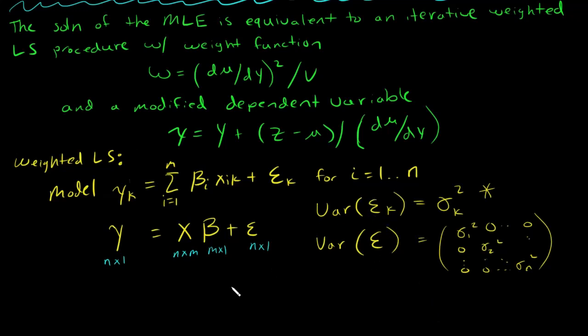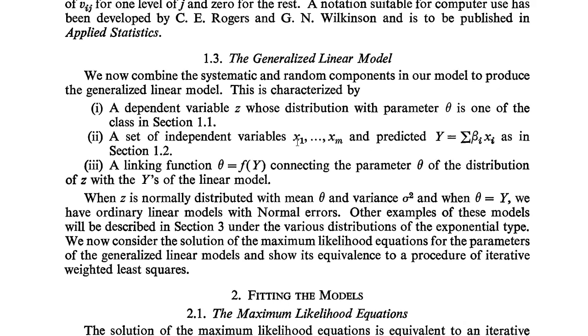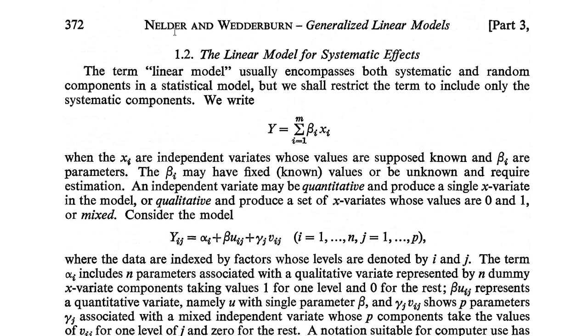Also note that the variance of y equals the variance of x beta plus epsilon. Now x times beta, it's not random, right? Remember, if I go back to my paper, let's go up to 2.1, and here we see x's are independent variates whose values are supposed to be known.